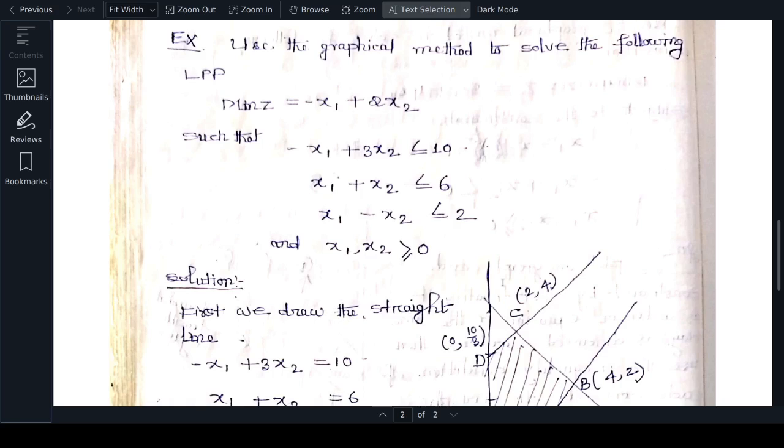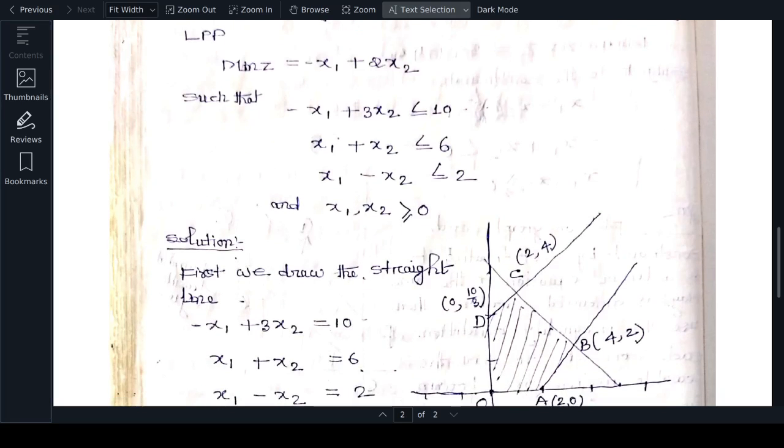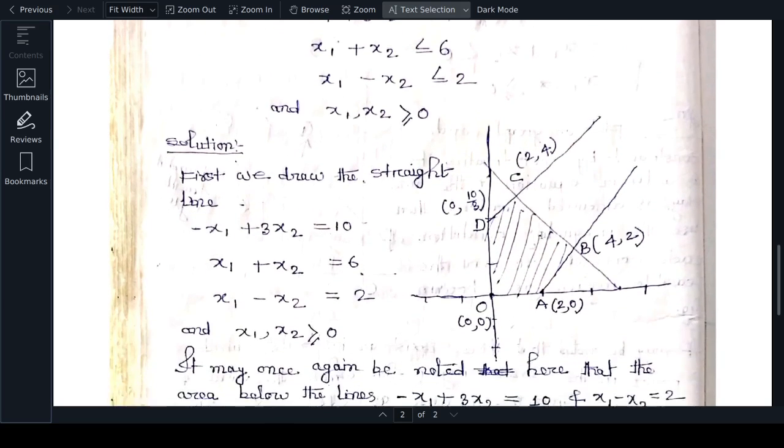In coordinate geometry, suppose y equal to mx represents what? The equation of a straight line passing through the origin. Yes, good, Amlan. The equation of a straight line passing through origin.